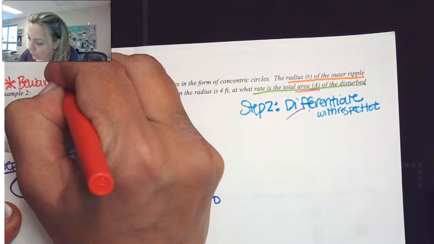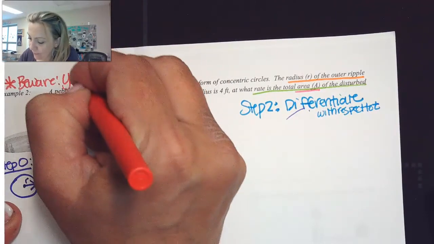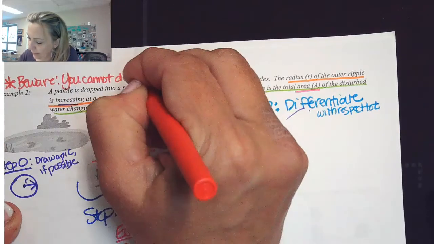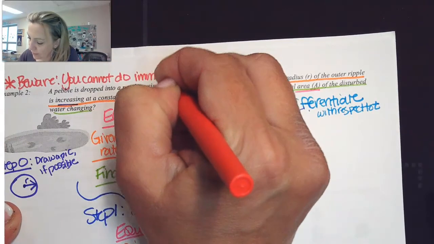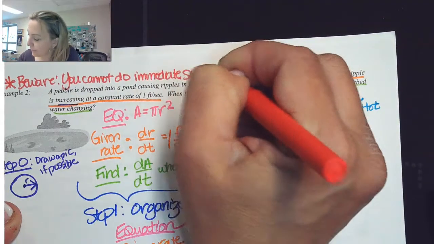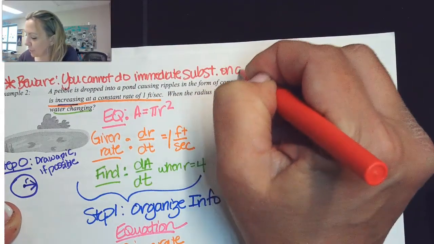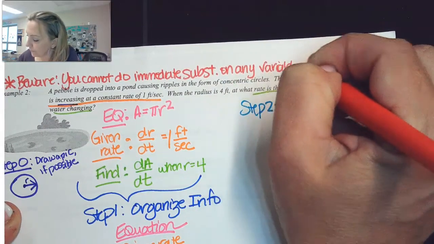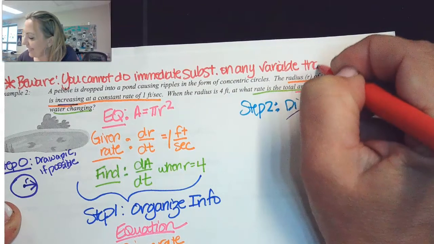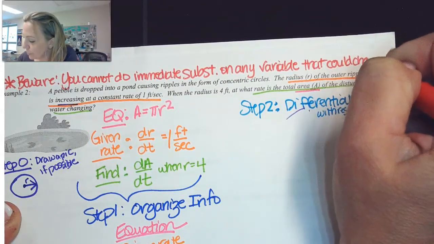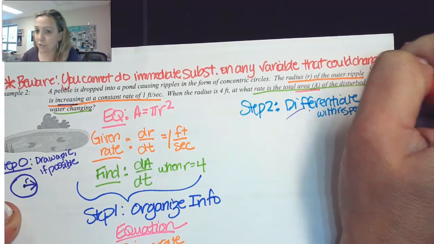It's so tempting, but you can't. You cannot do immediate substitution on any variable that could change. And in this situation, the radius can change, the area can change.